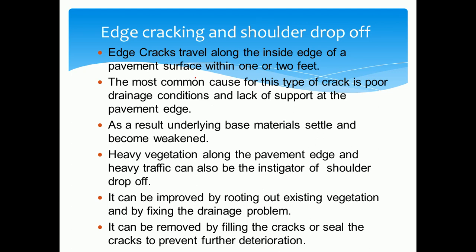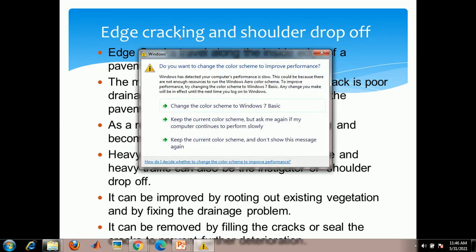Again, we are having some other types. Let us have the detailed discussion regarding these types of failures in the next session. So that is somewhat theory, that is types of cracks and failures, maintenance and evaluation.